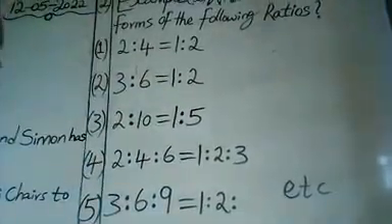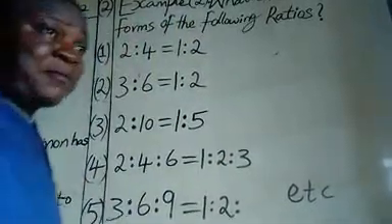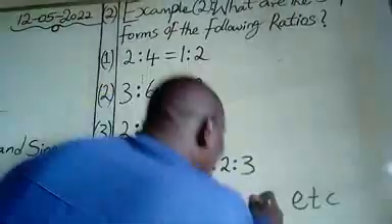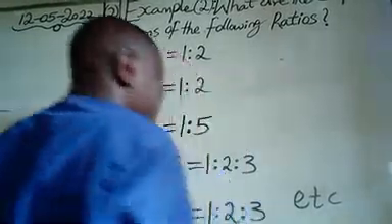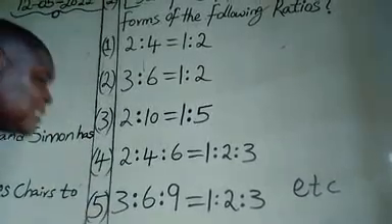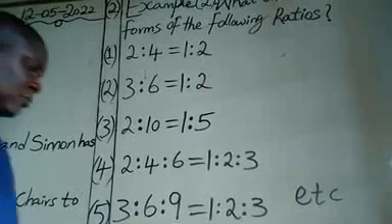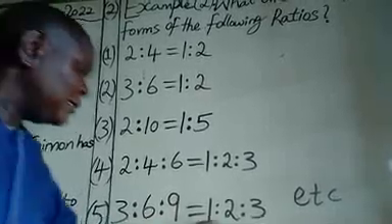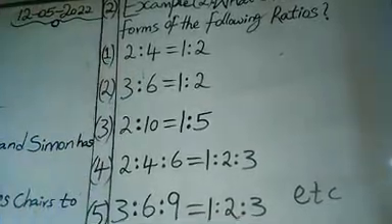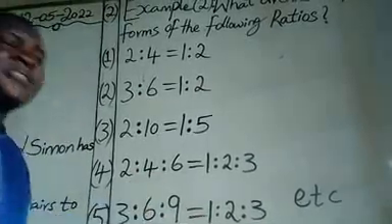Alright? 9 divided by the 3 that I have selected. 9 divided by 3, the answer is 3. The simplest form of 3:6:9 is 1:2:3. This is the answer.